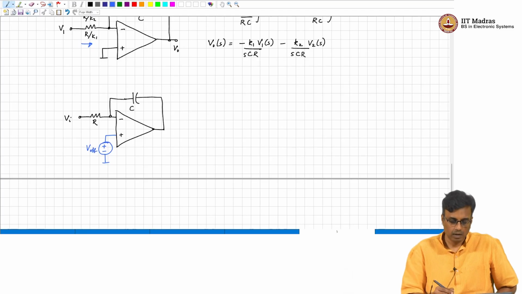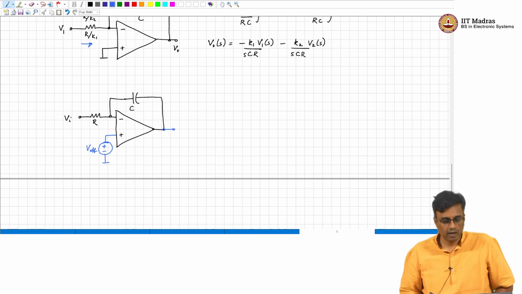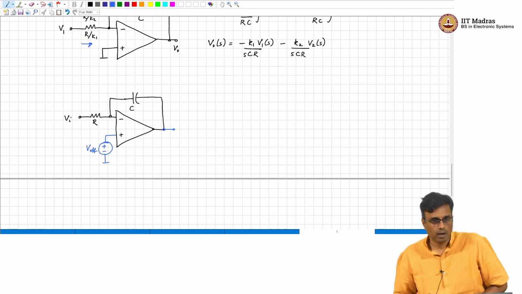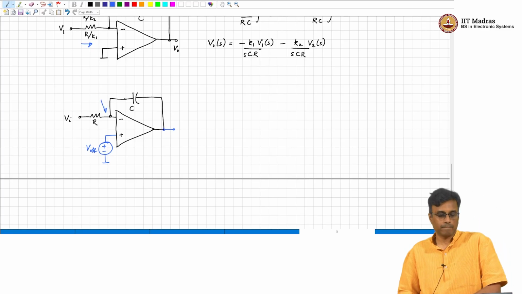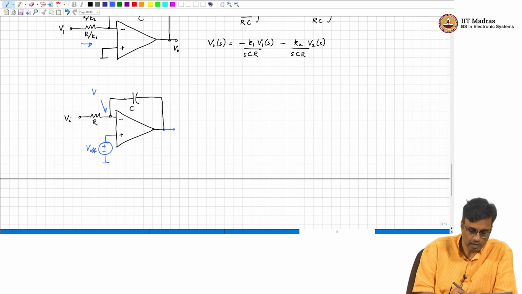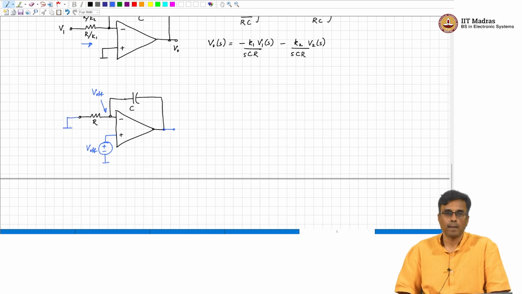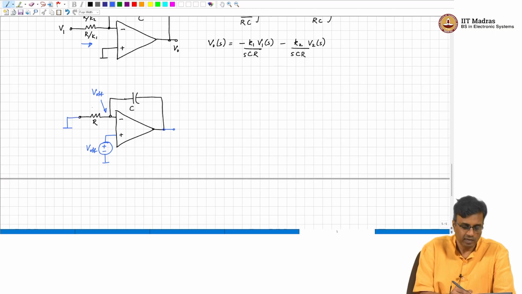Let us say you are trying to operate an integrator open loop. What will this voltage be, assuming that there is negative feedback? This is V offset, and let us assume that Vi is 0. What is this current?